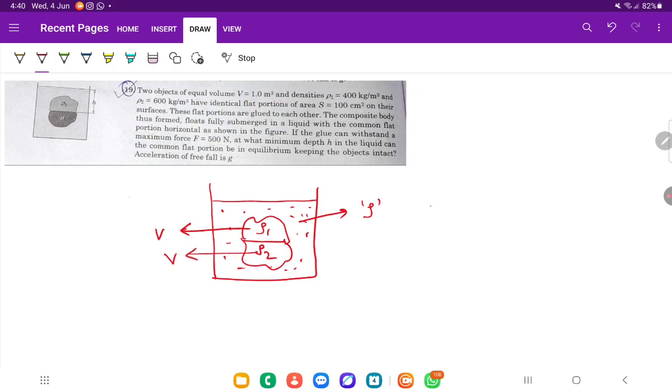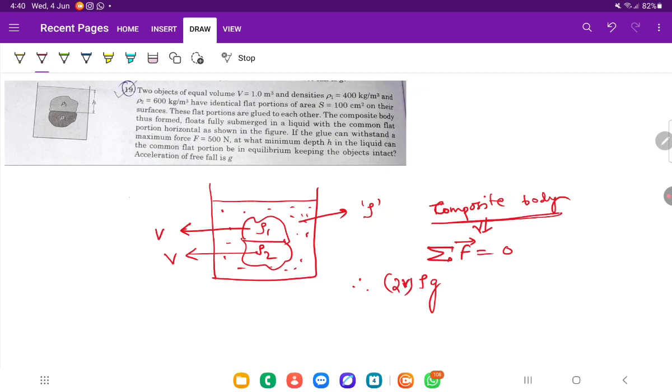So now we'll take the composite body as a system, right? We can apply net force equals 0 as it is in equilibrium. So the net upward force will be the net buoyancy force. It will be 2V into rho times g, that is the weight of the fluid displaced, and the weight of the composite body will be rho 1 Vg plus rho 2 Vg.